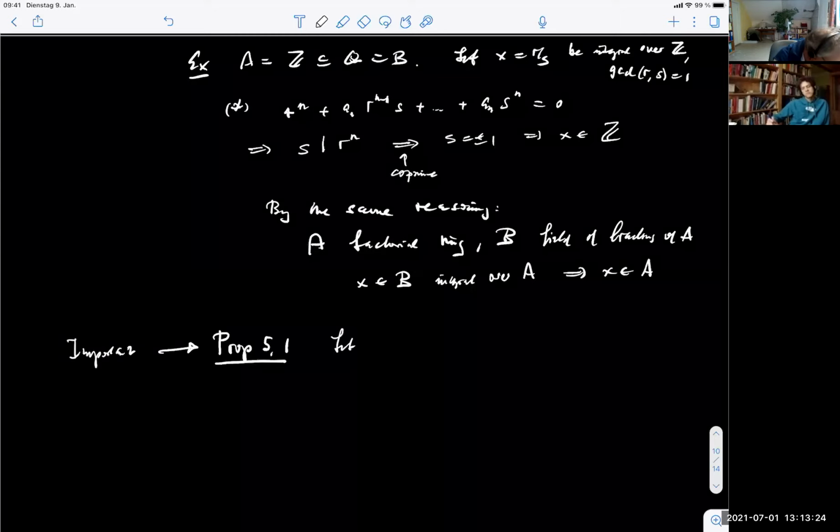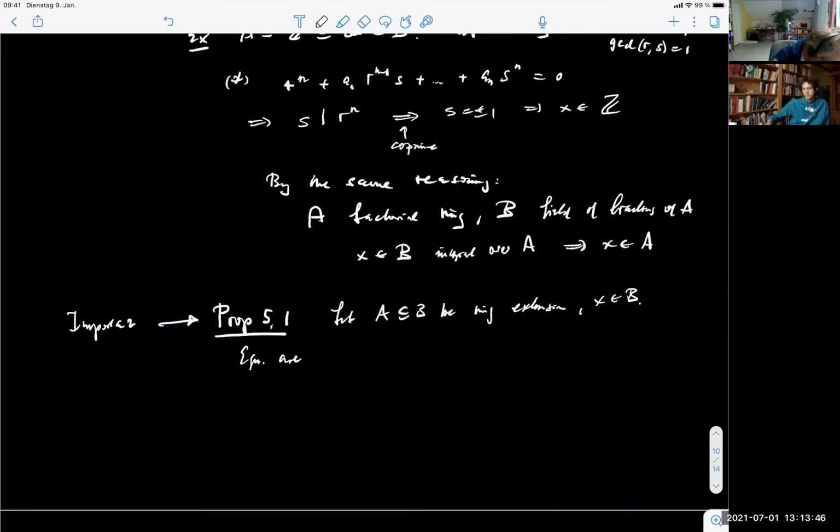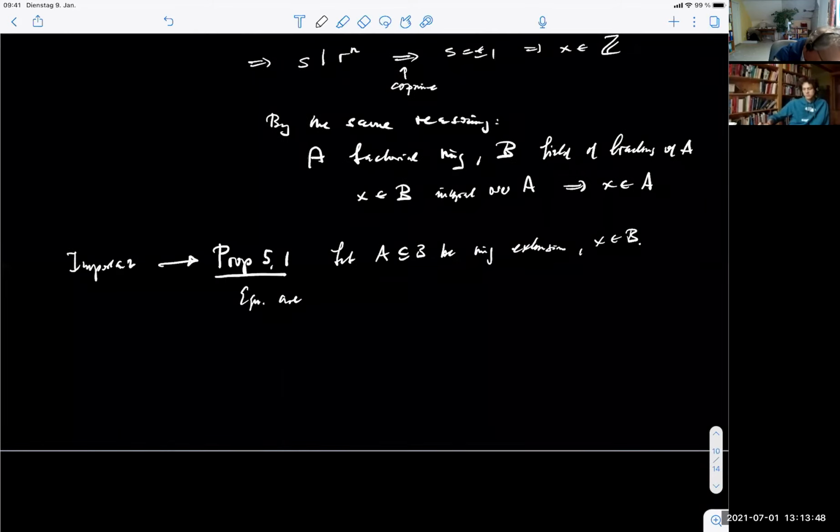I have a ring extension A, B. I have an element x in B. Now I want to have different criteria for when x is integral over A. So equivalent are the following conditions.